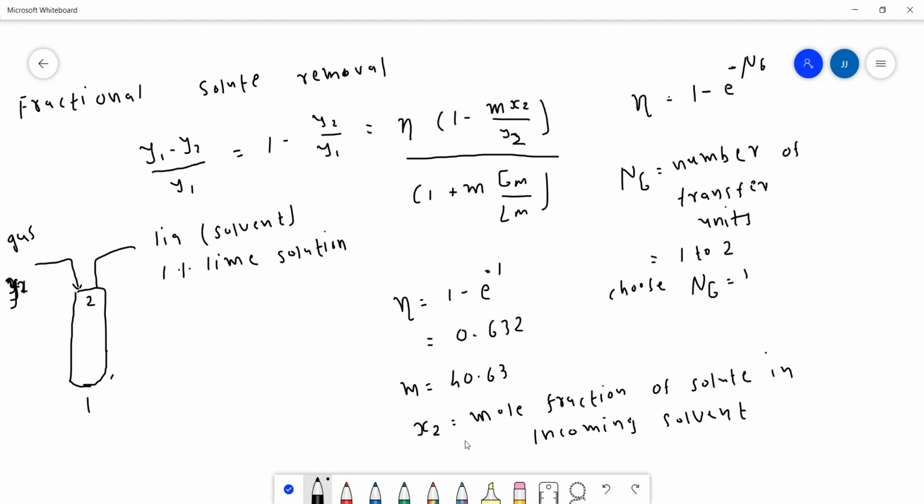So we can write X2 is equal to 0. All right.